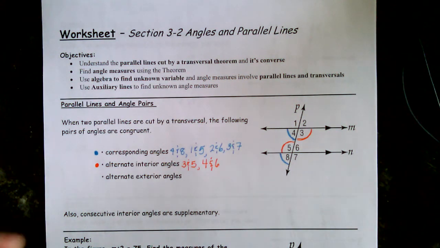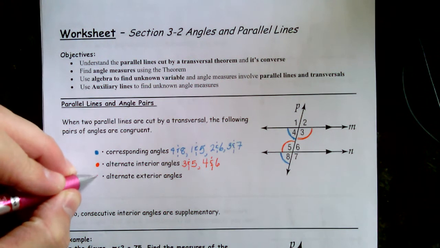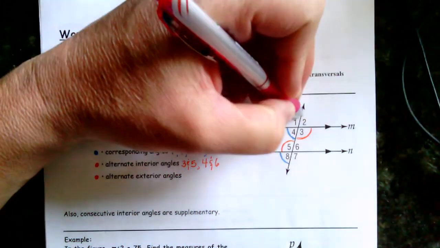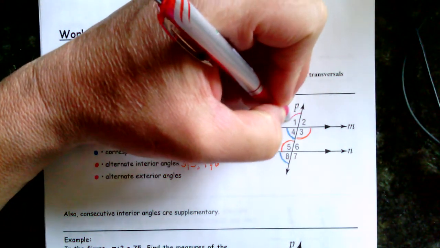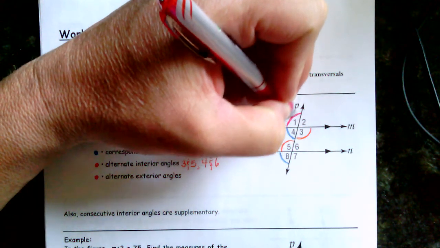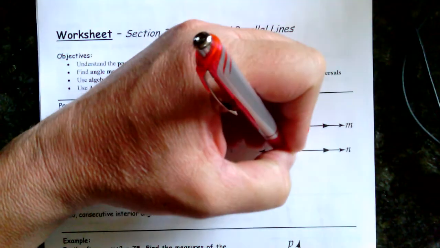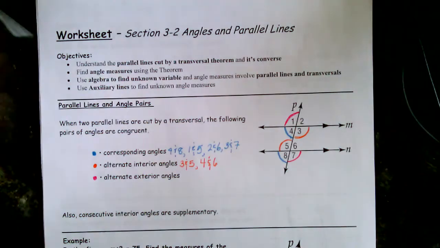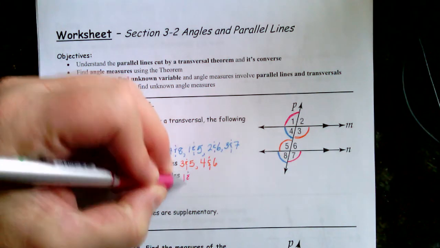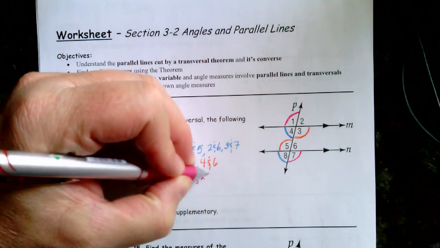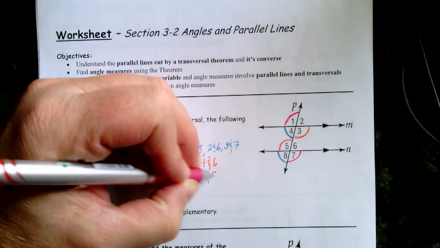And then lastly, in this section, you've got alternate exterior. Using a little bit of logic here, if I took angle 1, what would be on the alternate side of angle 1 that's on the exterior? That would be angle 7. So alternate exterior, 1 and 7, and then 2 and 8.